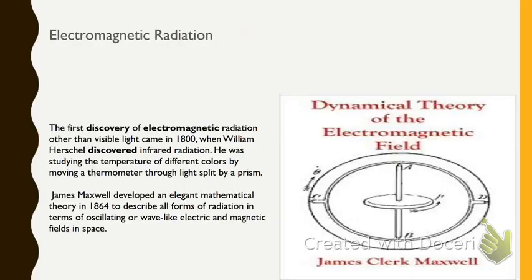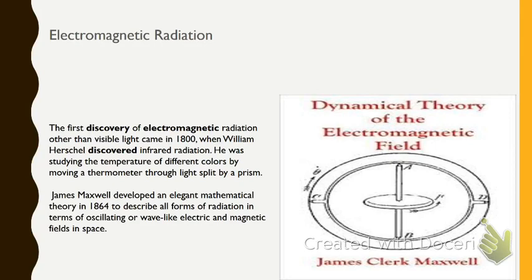So let's get started. Electromagnetic radiation was first discovered or talked about in the 1800s when they discovered infrared radiation, something other than visible light. And then in 1864, James Maxwell came up with a mathematical theory to describe all forms of electromagnetic radiation in terms of oscillating or wave-like electric or magnetic fields in space.